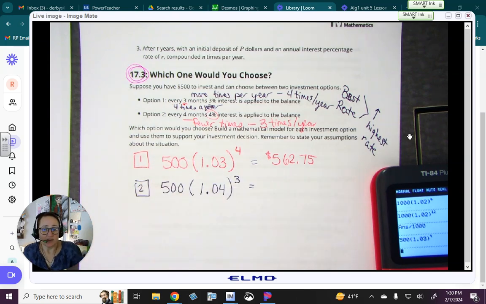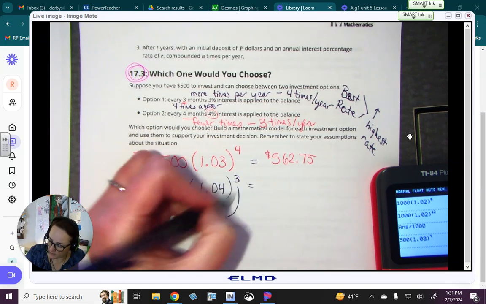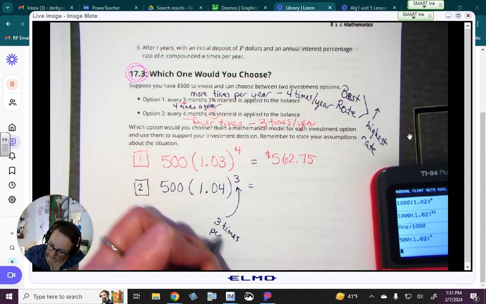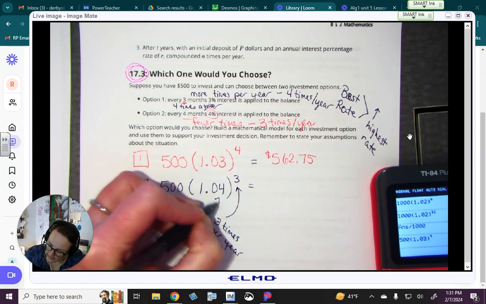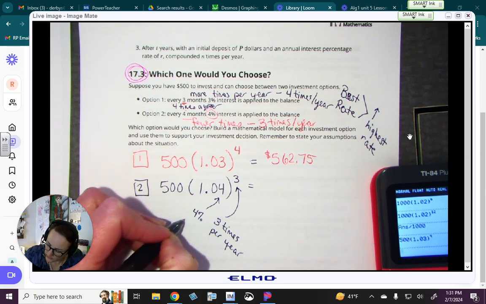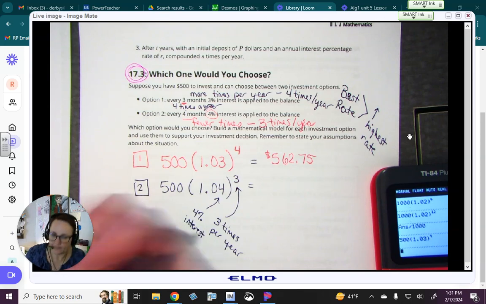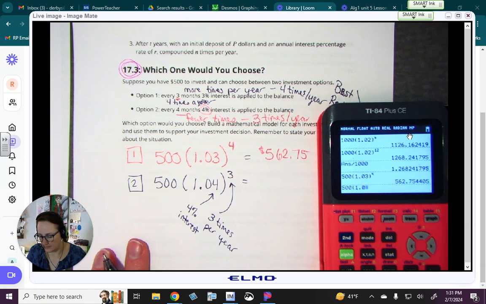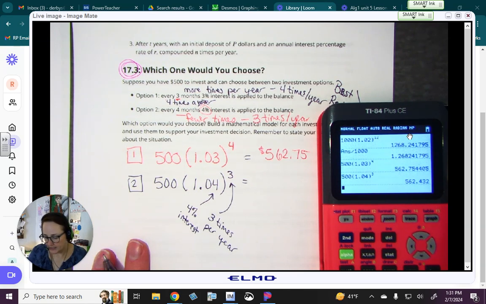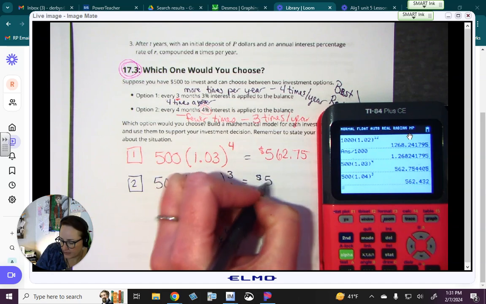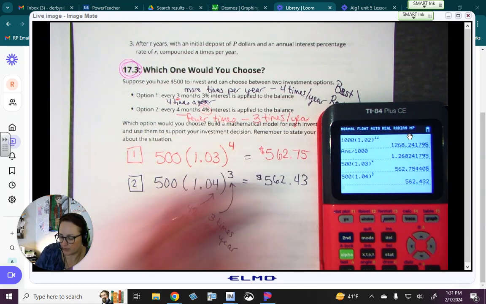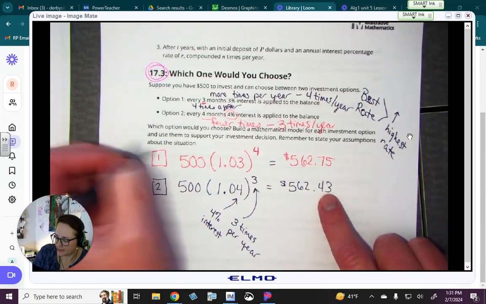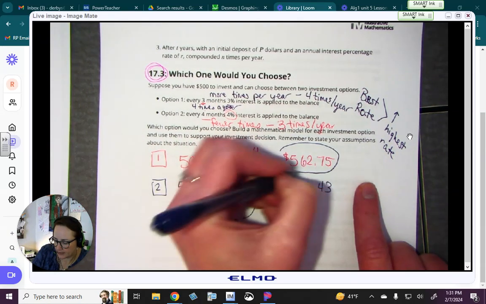So this time I'm going to raise it to the 3rd power, 3 times per year, with the 4% interest. Three times a year, I'm going to have $562.43. Now, the difference in 1 year is not that big, but option 1 is better.